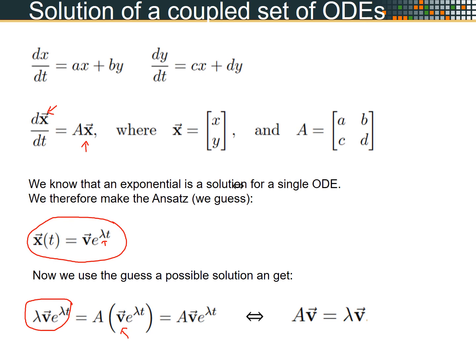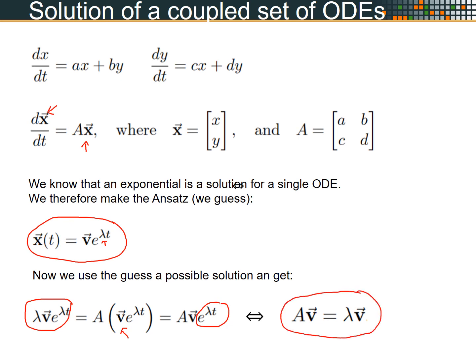So we can try to solve this. What we see is that lambda times a times e to the power of lambda t is the same as a times v times e to the power of lambda t. And if we do this, then we can isolate on both sides the e to the lambda t, divide through it, and we get an equation that looks like this.